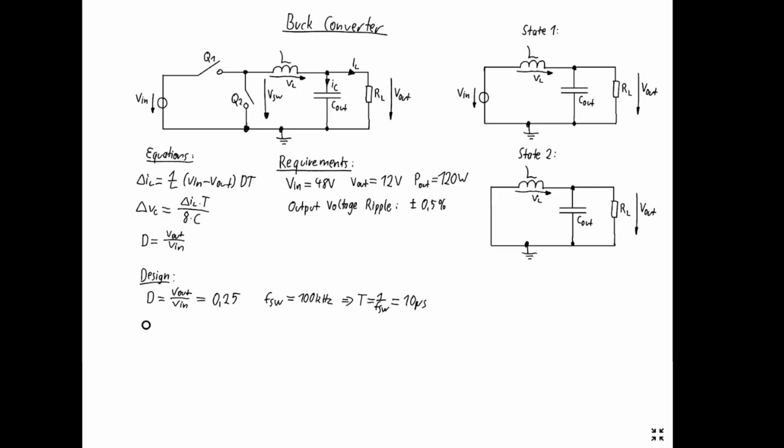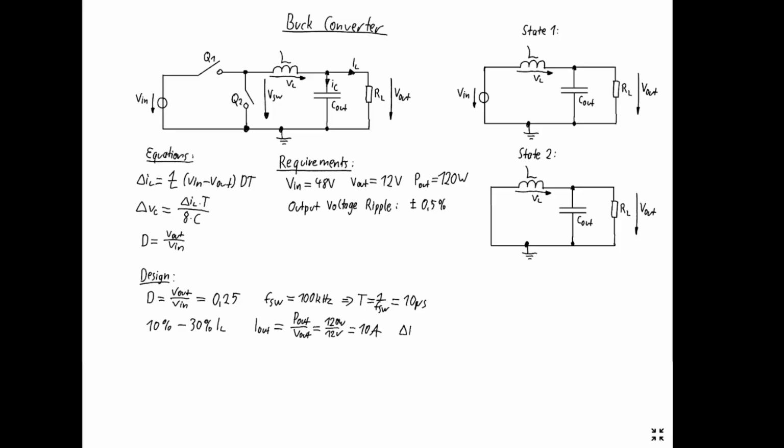Then I want to size our inductor. As stated before, the ripple is generally chosen between 10 to 30% of our inductor current. The output current, which is our inductor current, is calculated by P out over V out, which gives us 120 watts over 12 volts, so 10 amps.